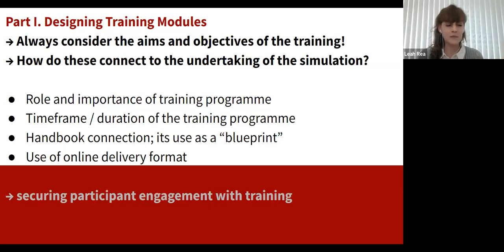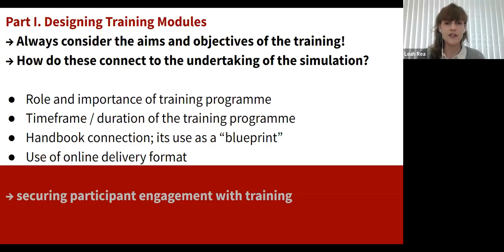The training program isn't just something that's delivered to have some academic or theoretical component of the Padova Model UPR. It's not about covering an international human rights law module in a couple of weeks before the simulation takes place in Padova in November. It's much more direct and specific than that.